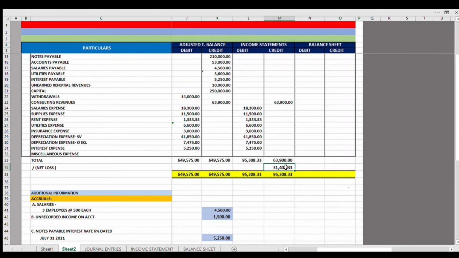If the balancing figure is to be placed on the credit side, it is a net loss. And if it is supposed to be placed on the debit side, on the left side, that's when we will consider it as net income. But this time, it is a net loss since it is placed on the credit side.